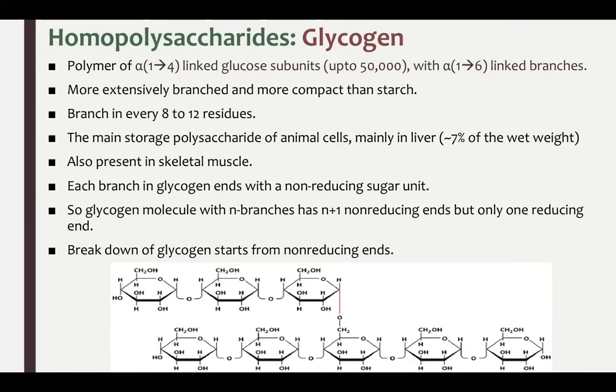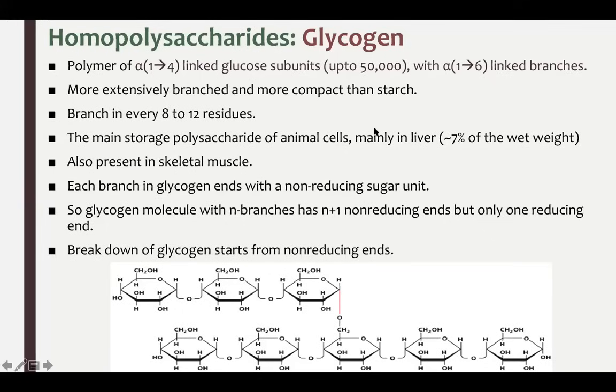So next we'll discuss glycogen. The structure is almost the same as starch, but the branching is very compact in glycogen. In glycogen there is also alpha-D-glucose, and the joining is called an alpha 1,4 glycosidic bond.